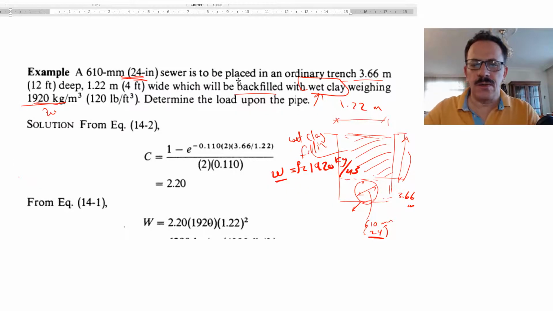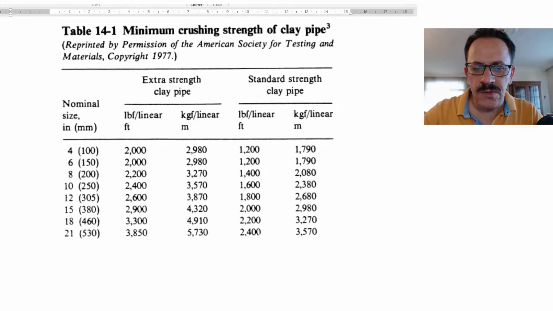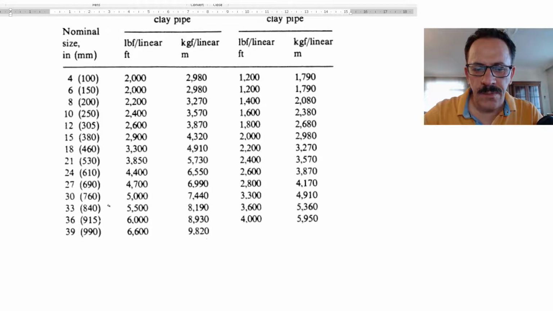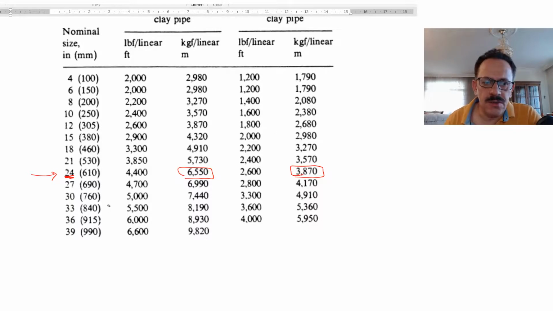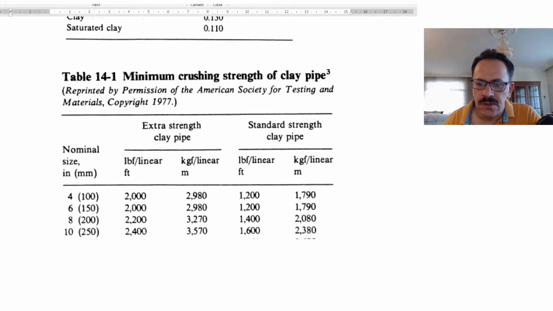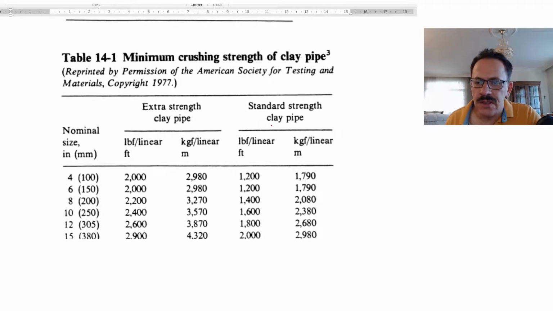We have to go with the pipe. So based on this table, on this table we have 24 inch. This is the 24 inch pipe. So we have normal clay, and we have the one which is called standard strength clay.